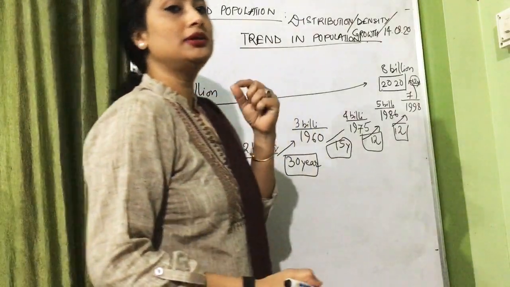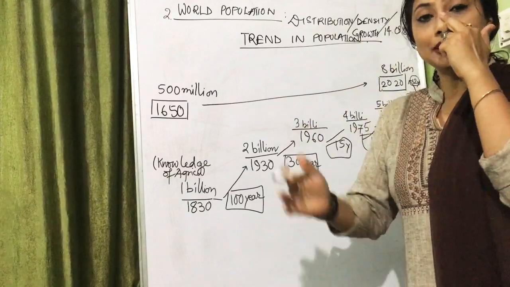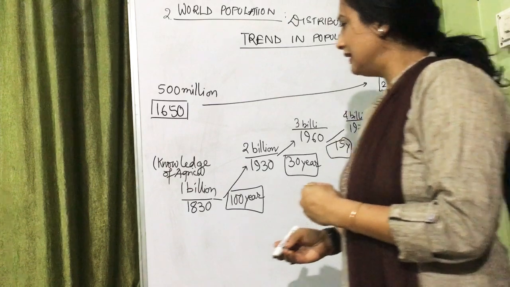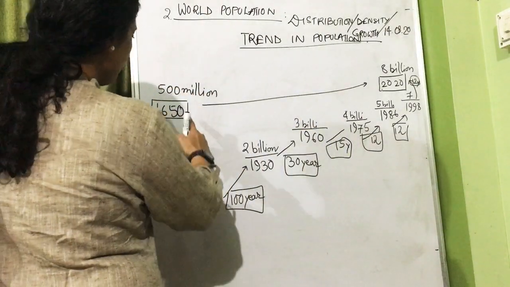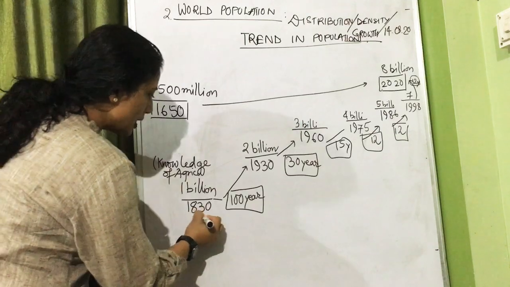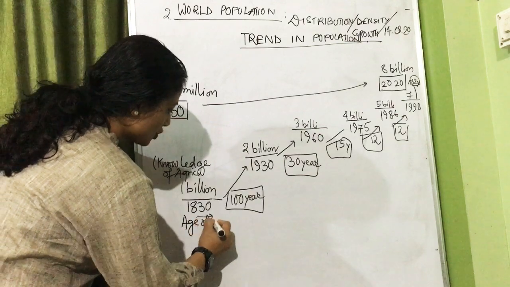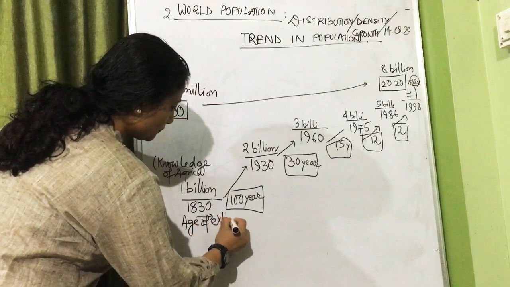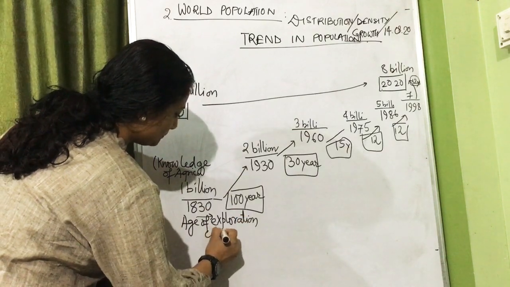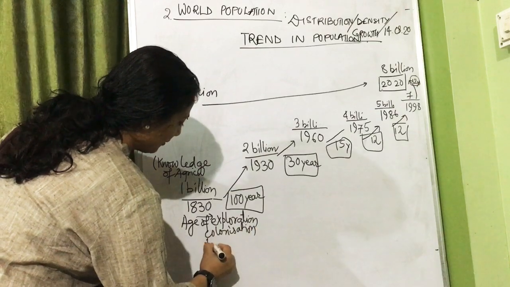So what can be the reason that the population doubled so rapidly with increasing years? Let's see. 1830 was the period of knowledge of agriculture. This was also the period of the age of exploration, colonization and trade.